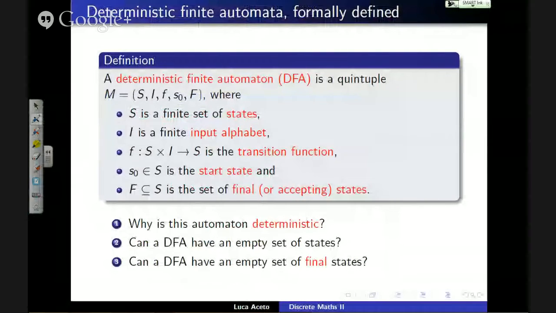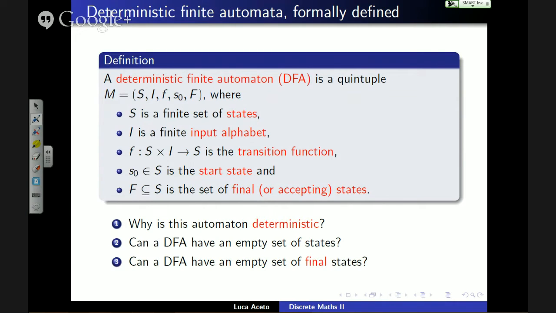What breathes life into the automaton is what the automaton does when it is in a given state and it reads some input symbol. So where is this described? This is described by means of the transition function. Now, this is a function that takes 2 inputs and returns 1 output. Now, what are the inputs?